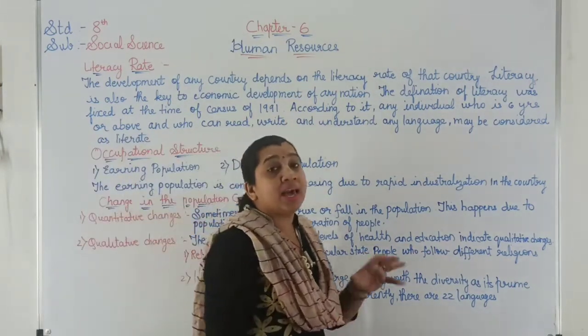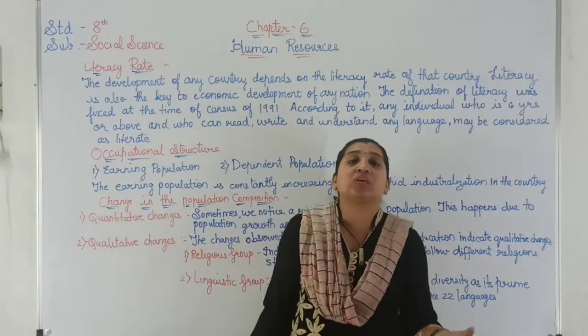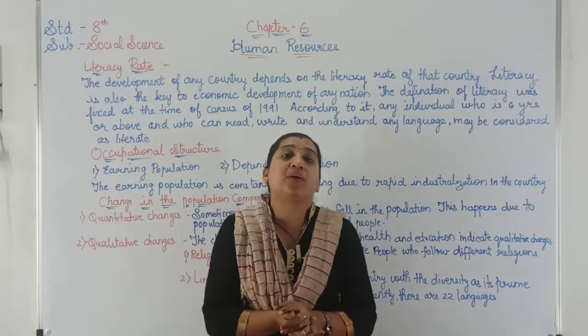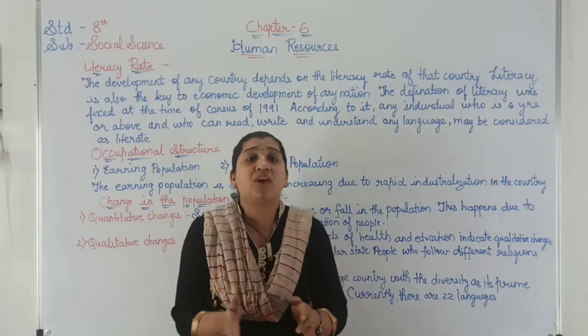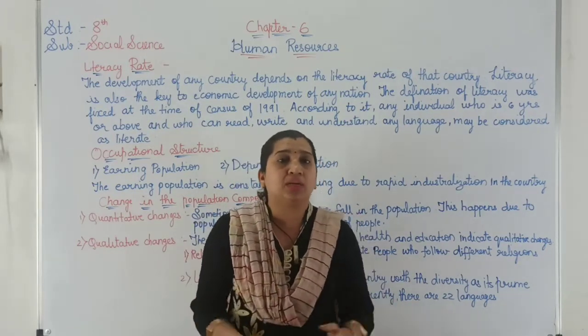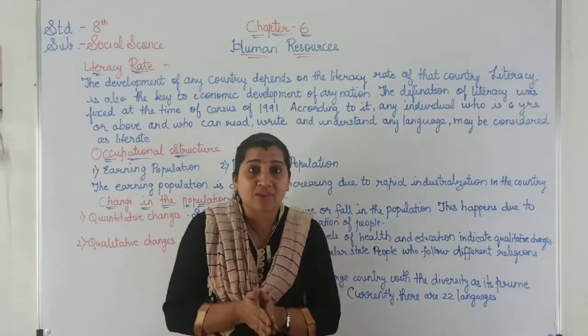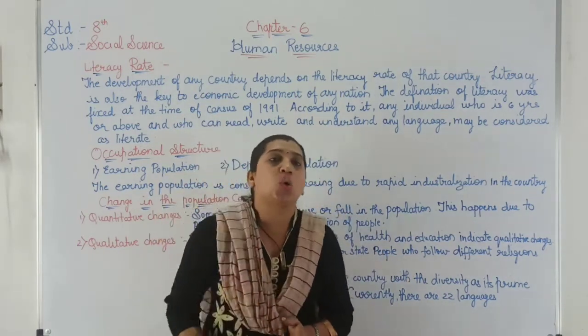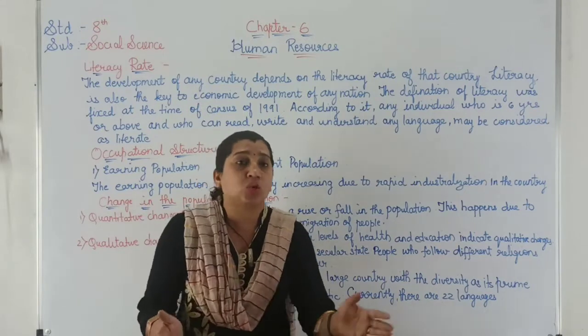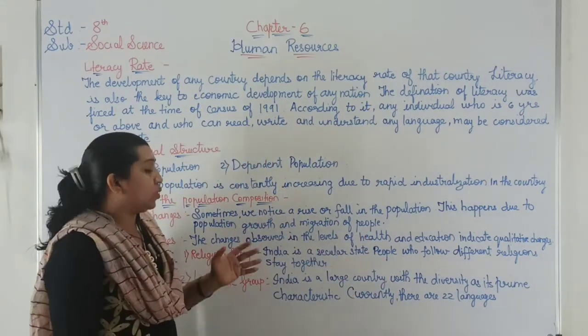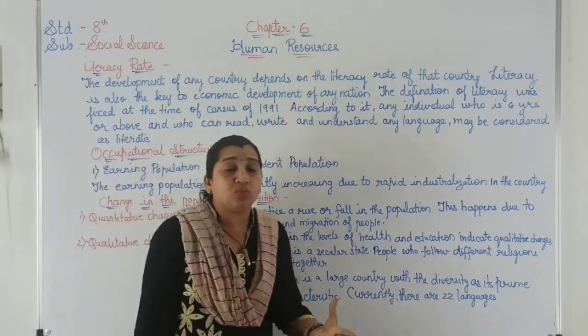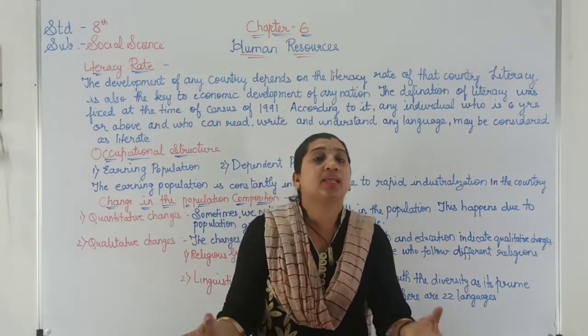Currently, 22 languages are used by the people of India, in which Hindi is our mother tongue, and Hindi is known as the national language, while English is known as the international language. In this way, we come to know the difference between the qualitative changes and the quantitative changes.